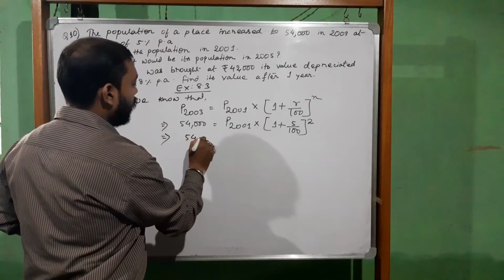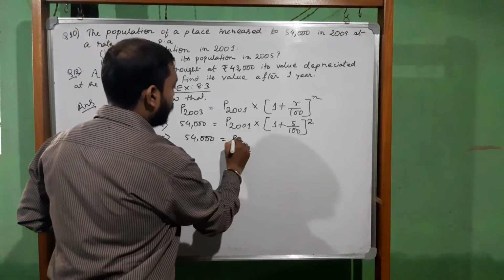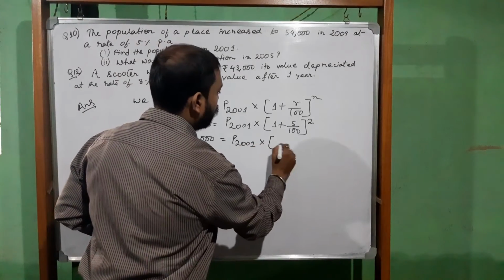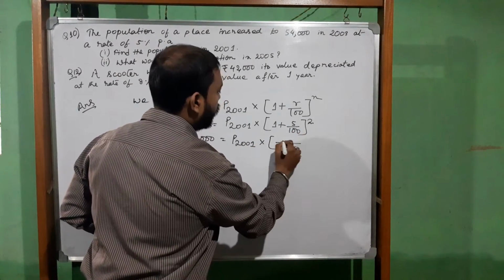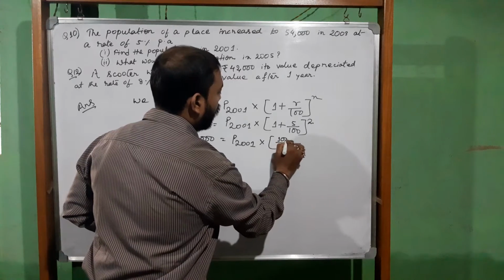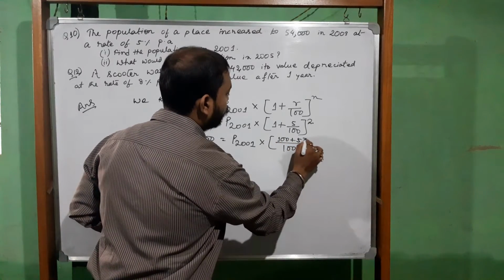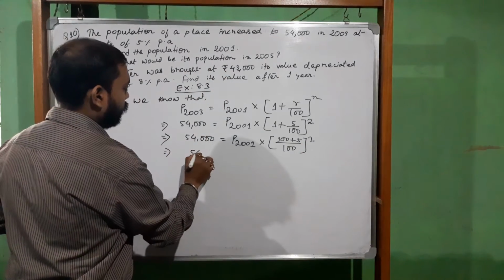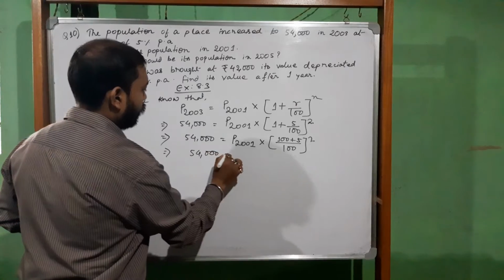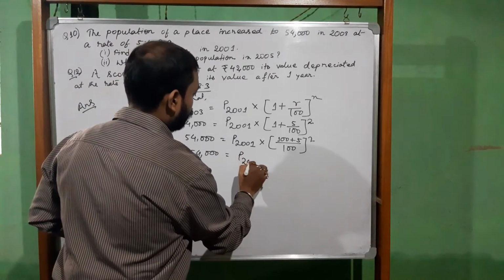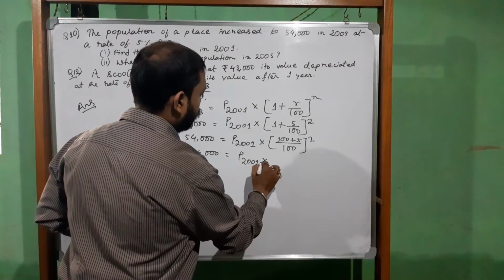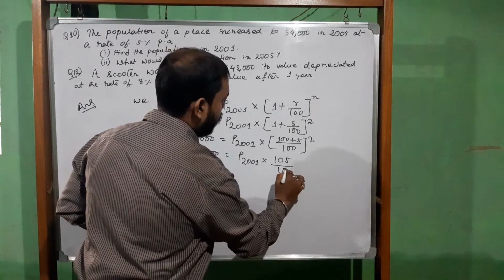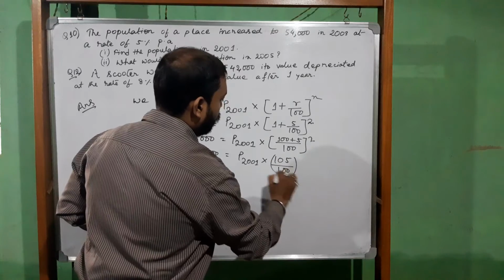Now it is 54,000 equals P 2001 into 100 plus 5 by 100, so it is 105 divided by 100 to the power 2.